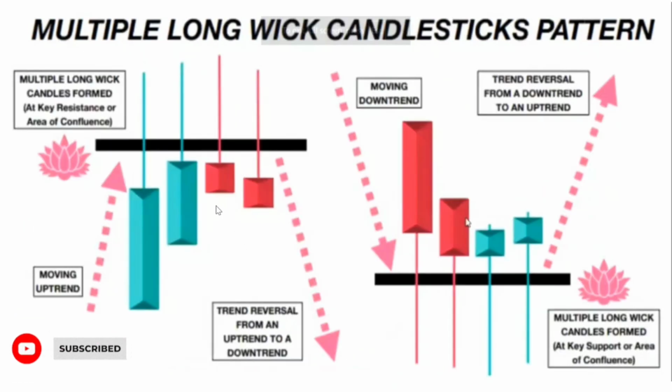Here we have multiple long wick candles pattern. Okay, so this shows multiple long wick patterns formed at a key resistance or area of confluence. You can see where it surpassed the area of confluence over here.